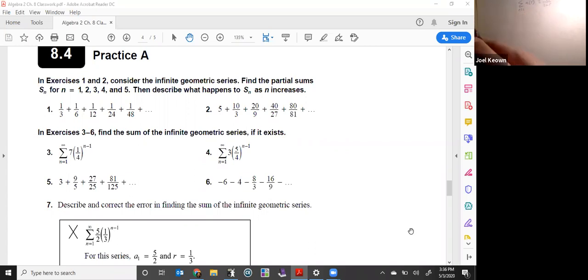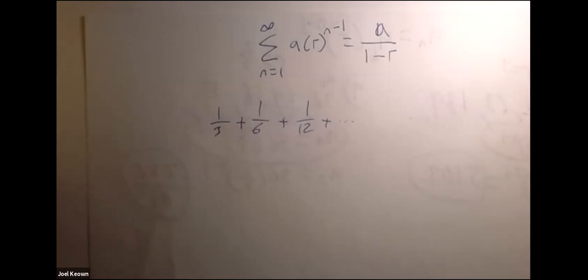It is 1/3 plus 1/6 plus 1/12 plus, that's enough information there. You'll see above here I wrote our formula that we are going to use. So let's see what this actually ends up adding to.